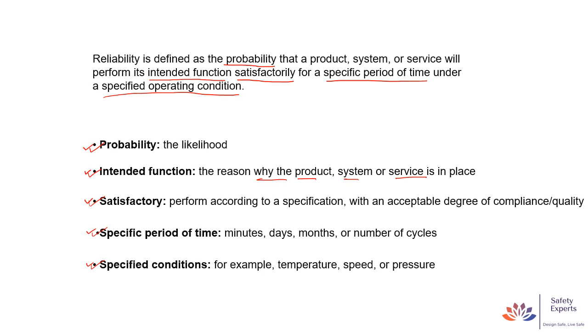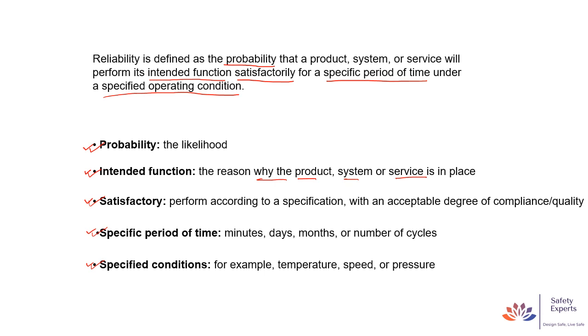Similarly, if there is an electronic component, it will work until 50 degrees centigrade. But if you take the same mobile, say in the desert, where the temperature goes maybe up to 70 degrees centigrade, if you try to work it out, it will not work. So reliability is basically always dependent on these five factors.